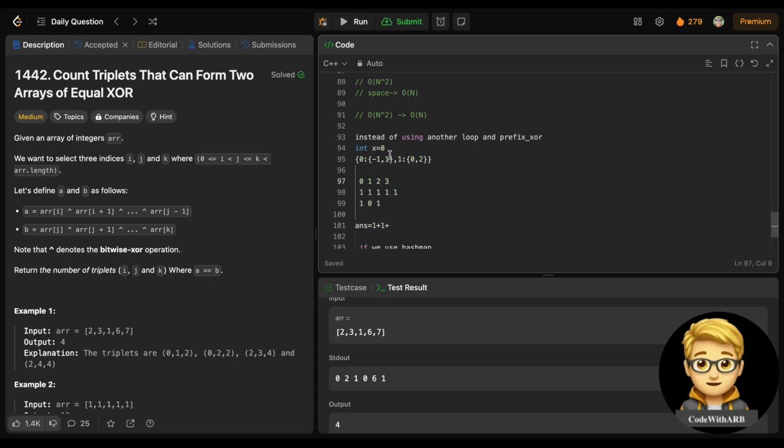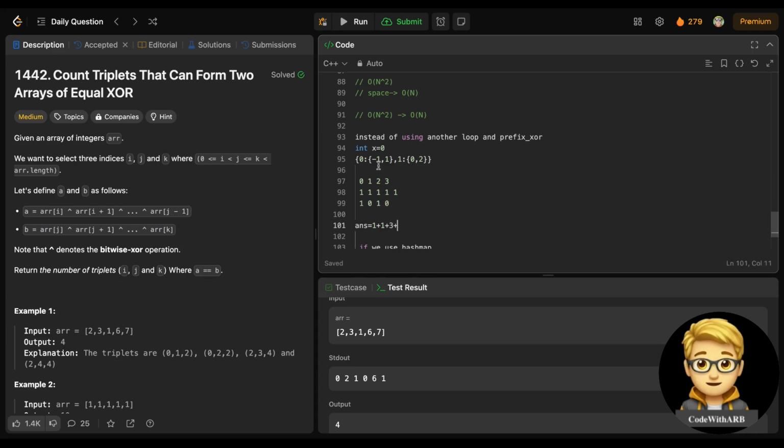Now when it comes to 3, this 1 XOR 1 will give us 0. So this 0 is already in my hash map, which is present at -1 and 1. So between this 0 and this 0 at -1, all the numbers between them will generate an answer, and that would be 3.